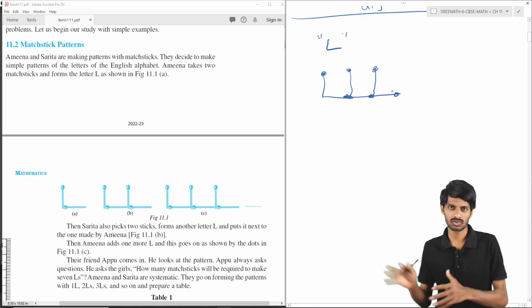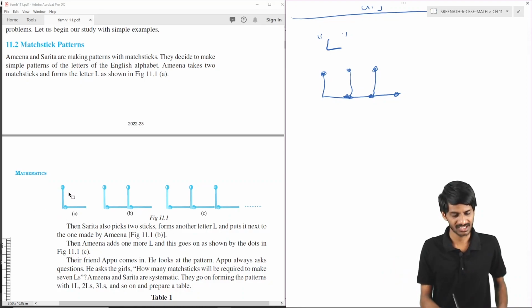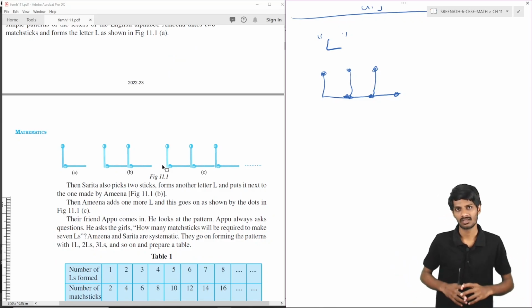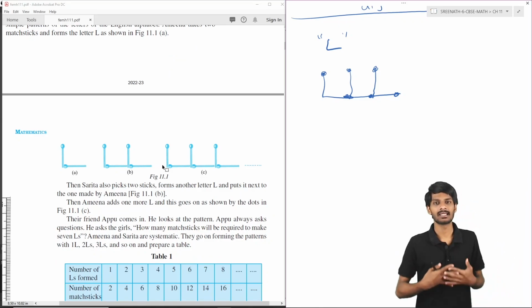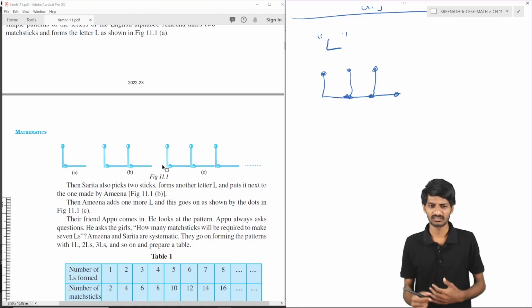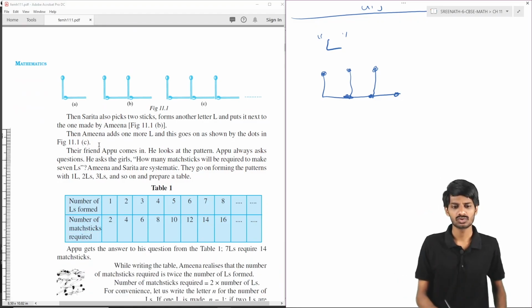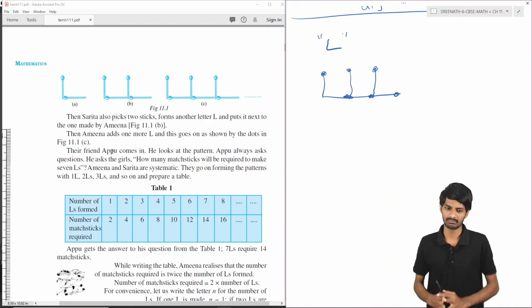The process goes on. First Sarita, then Amina, next Sarita, like that they are playing with the matchsticks and drawing the letter L. Then Appu comes in and looks at the pattern.